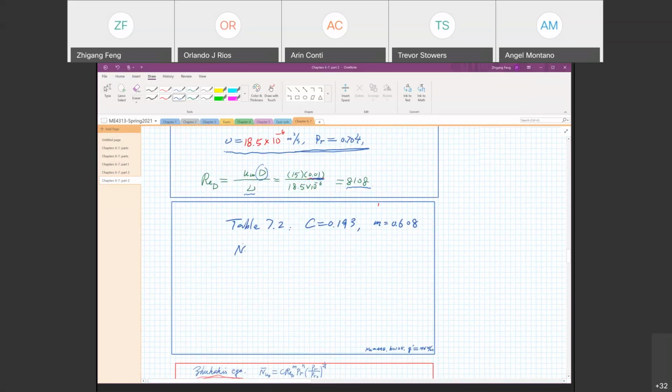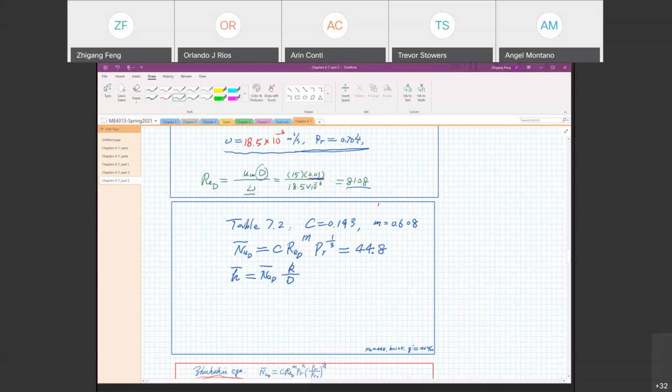So the Nusselt number based on the diameter, the average, equals C multiplied by Reynolds number to the m, multiplied by Prandtl number to the one third. That's the Hilpert equation. We just plug all those numbers into this equation and we find the Nusselt number to be 44.8. It's a dimensionless number, so it doesn't have a unit. And h average equals the Nusselt number average multiplied by k divided by D. And the k has to be k of the air.